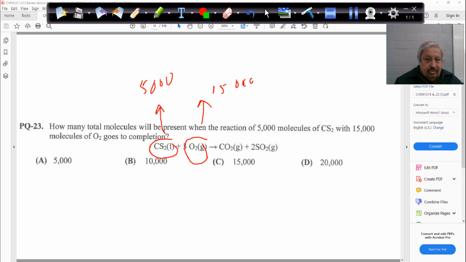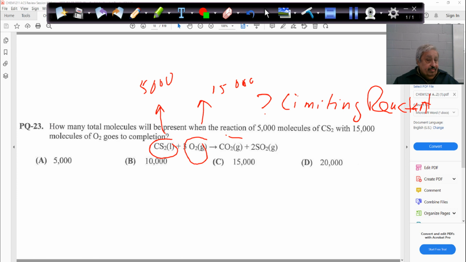Don't worry about the molecules. They don't ask you about the total molecules present. The question is, what is the limiting reactant? They should really tell you what the limiting reactant is. Then from the amount coming out, you can see what the limiting reactant is, correct?